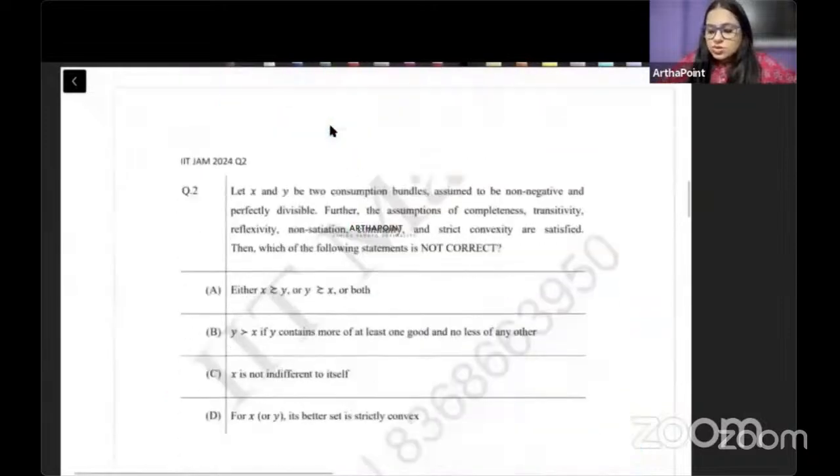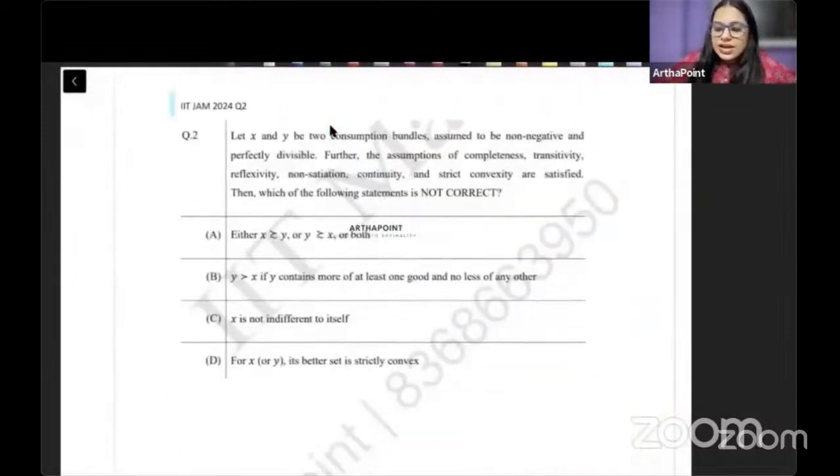Acha, next question. This question came in IIT JAM 2024, question number 2. Try to answer this question.